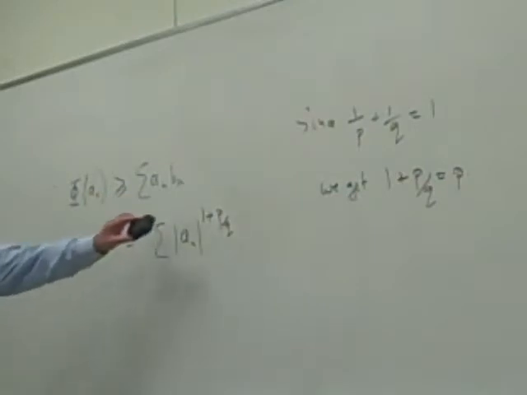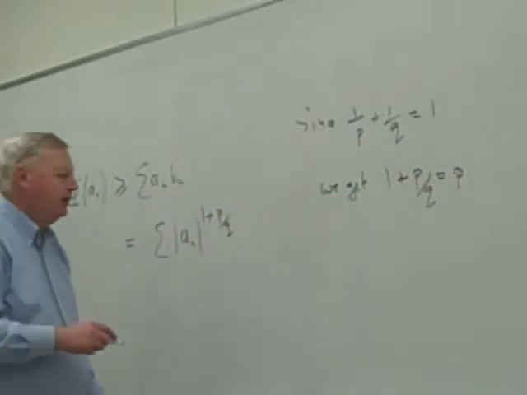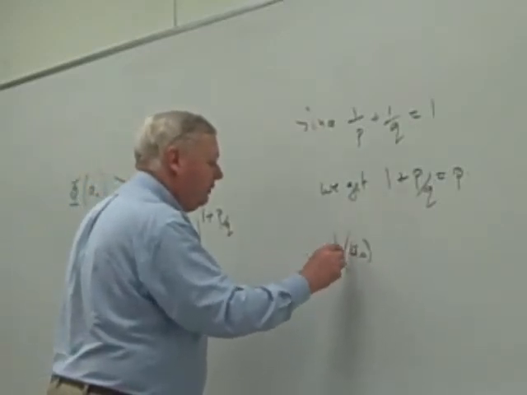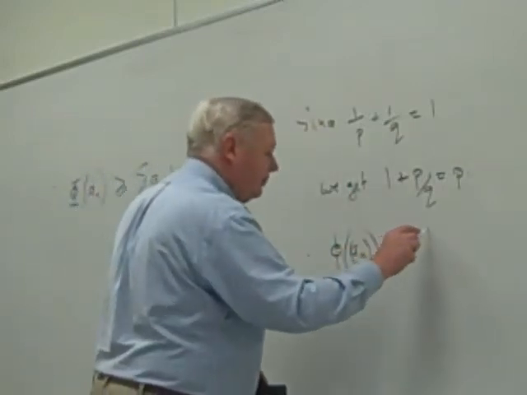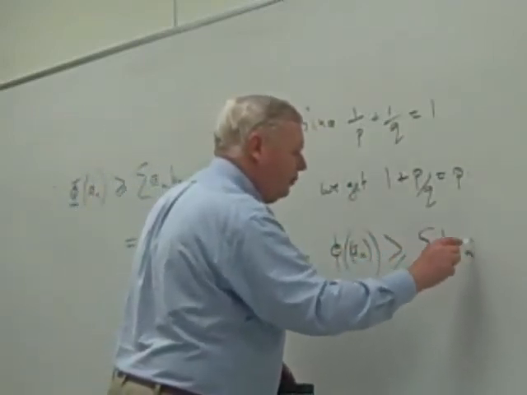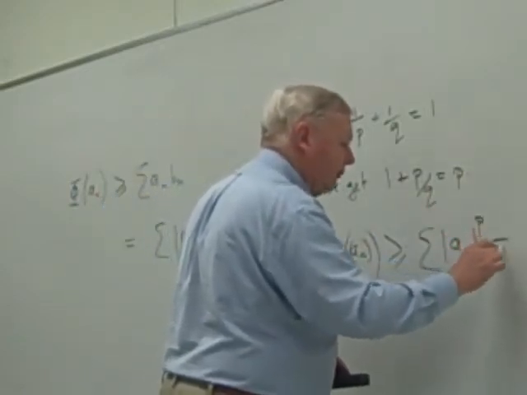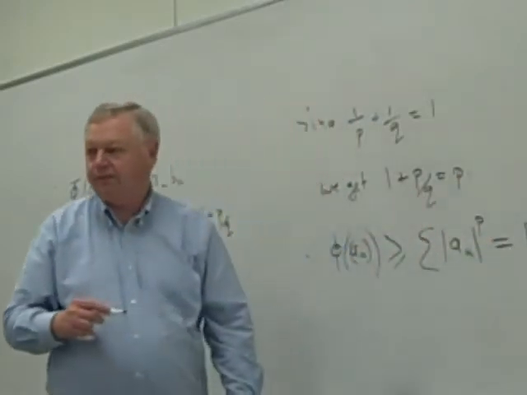And so the exponent here is actually p, and therefore phi of the a_n's is at least the sum of absolute value a_n raised to the pth power, and that is equal to 1.